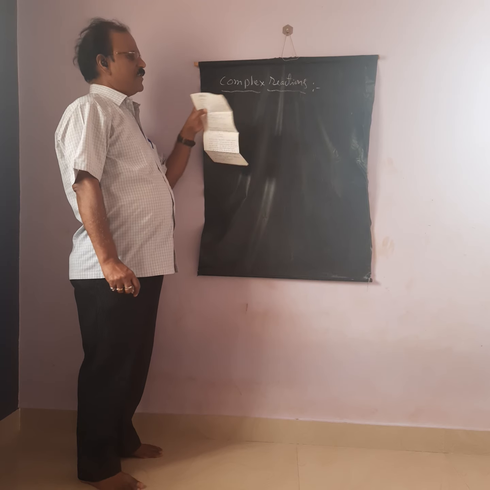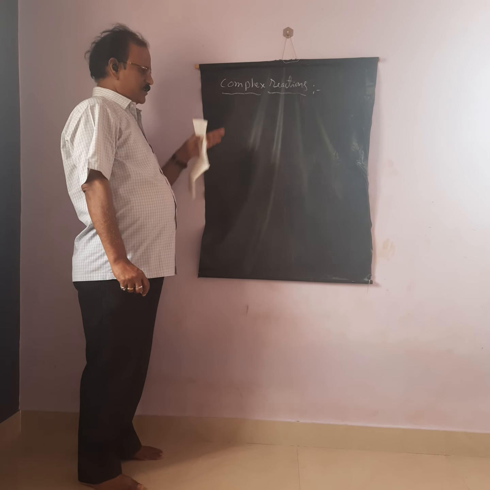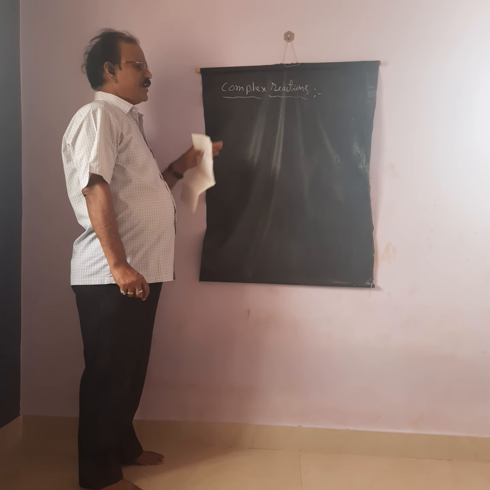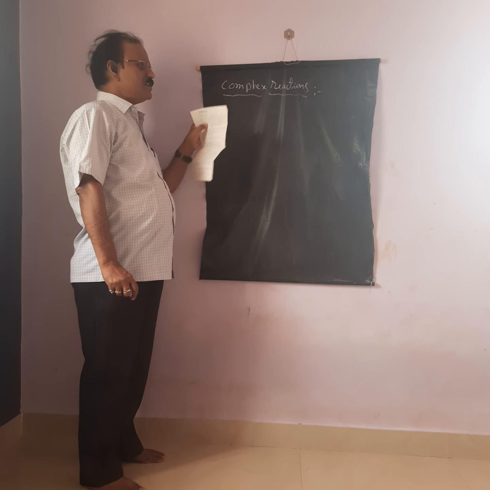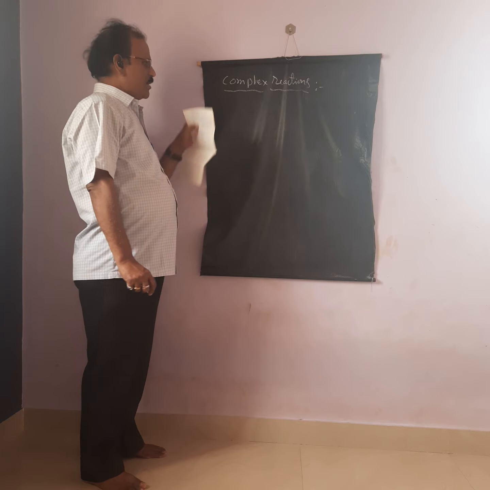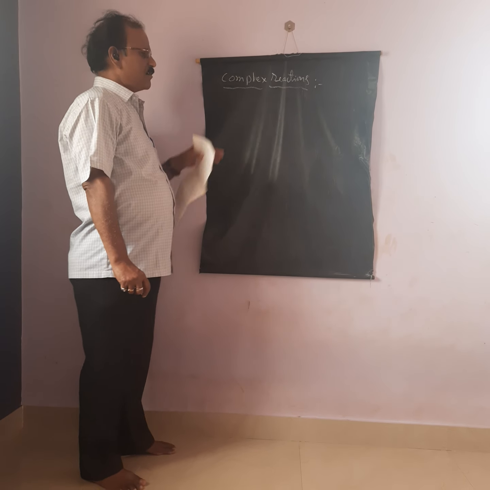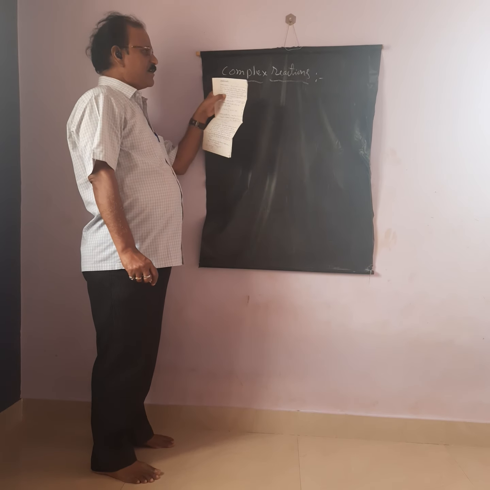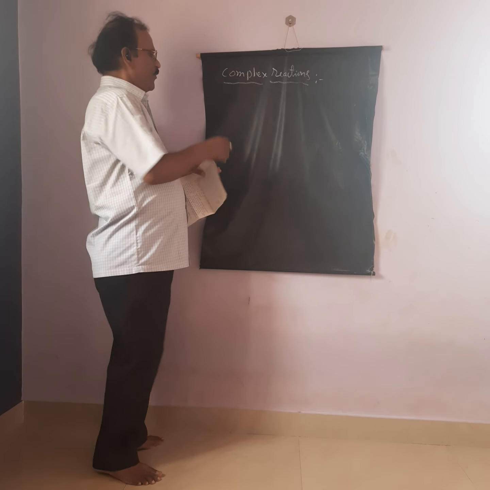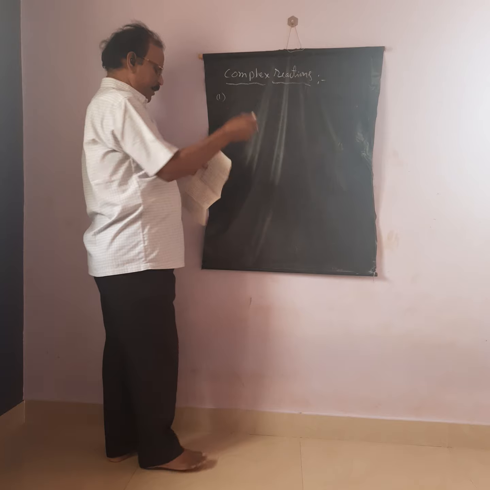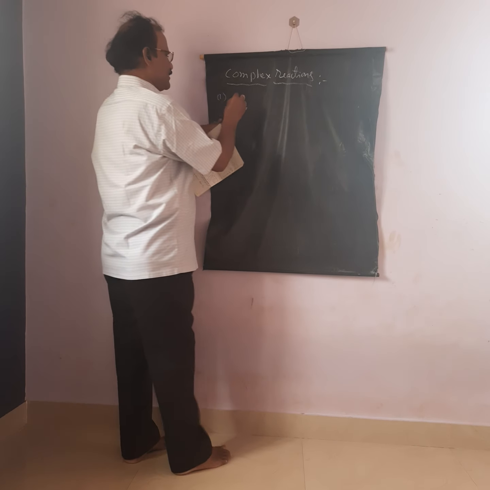In these, the determination of a rate constant mathematically is very difficult. And these complex reactions are of different types. The first one is the reverse or opposing reactions.